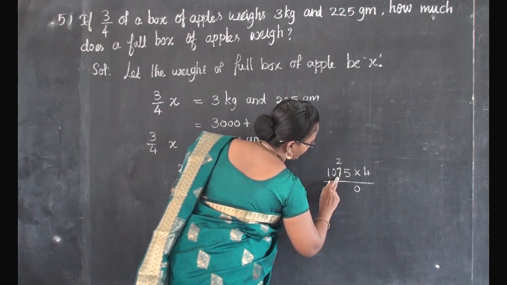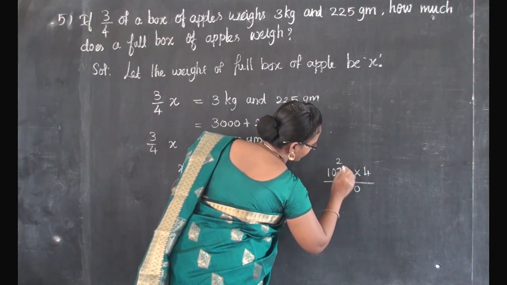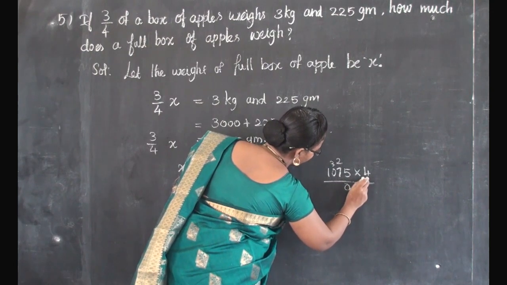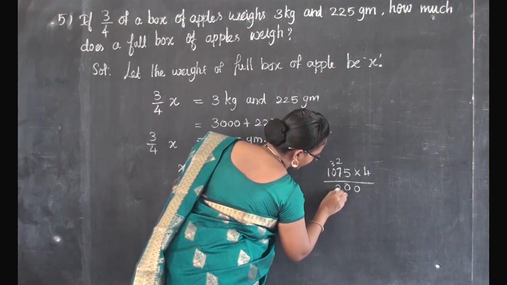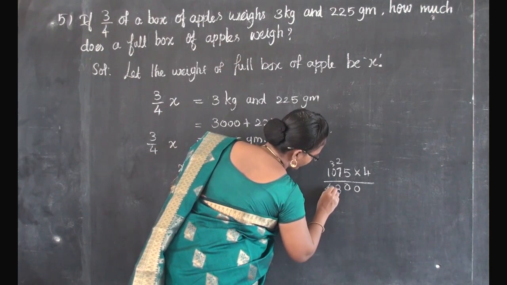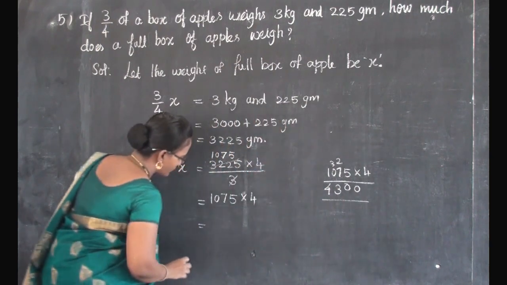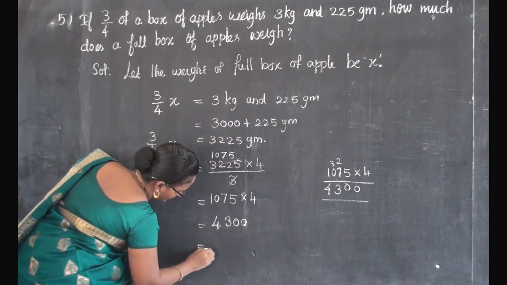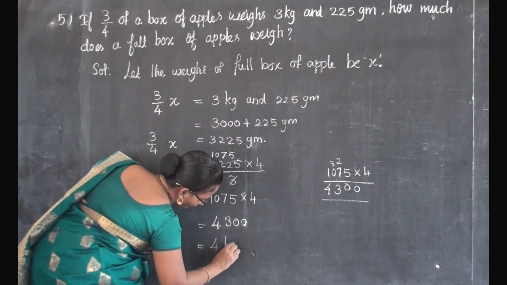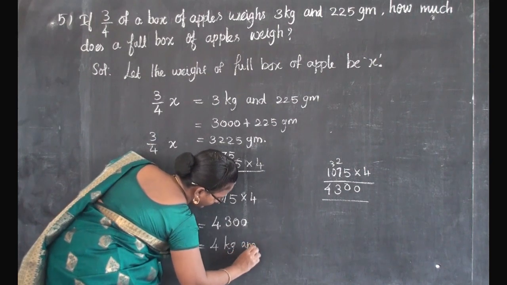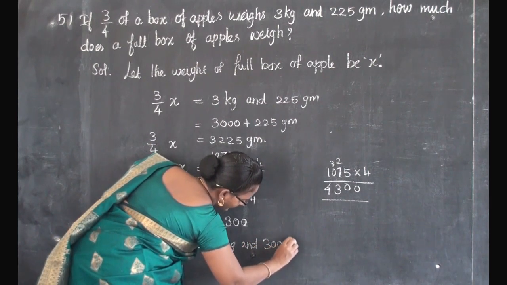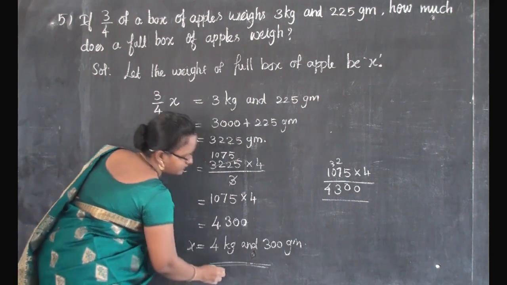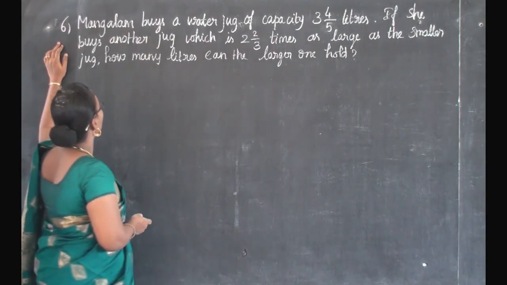Carry over 2. 7 4s are 28 plus 2, 30. 0 into 4, 0 plus 3, 3, and 1 4, 4. So 4300. That is 4 kilogram and 300 grams in the box. That is the answer.